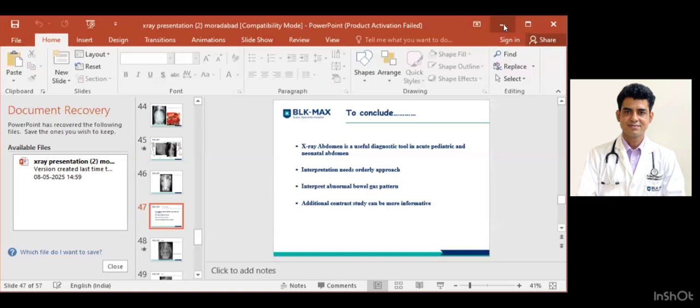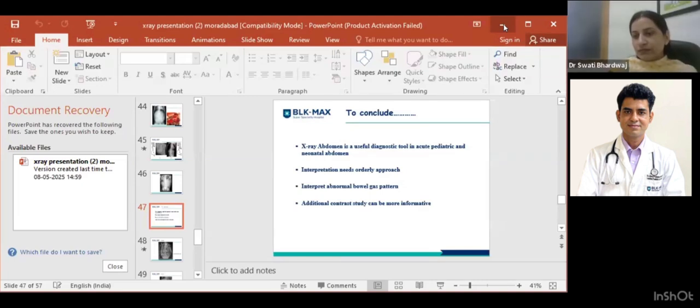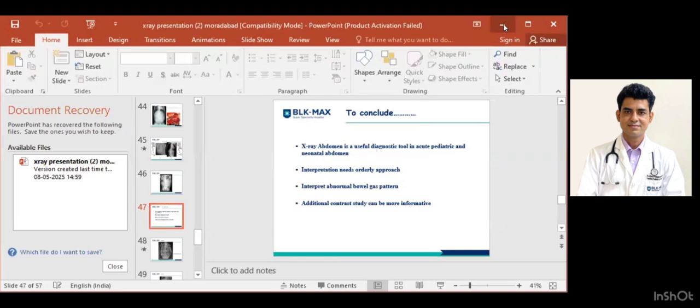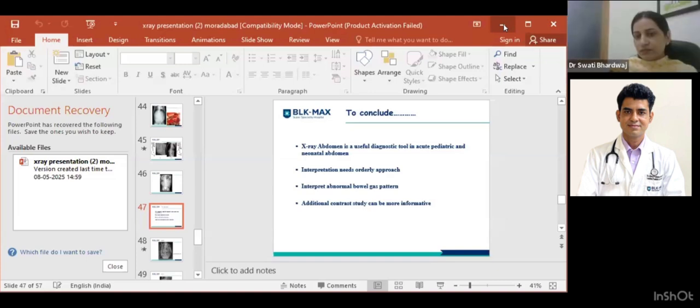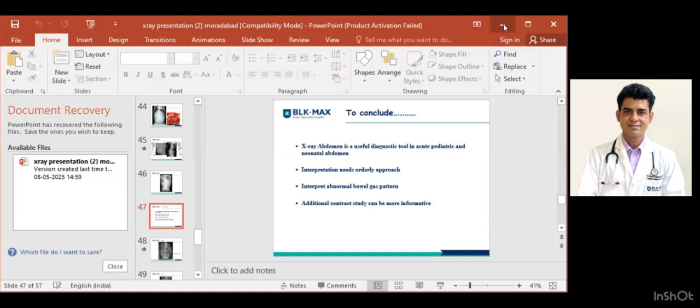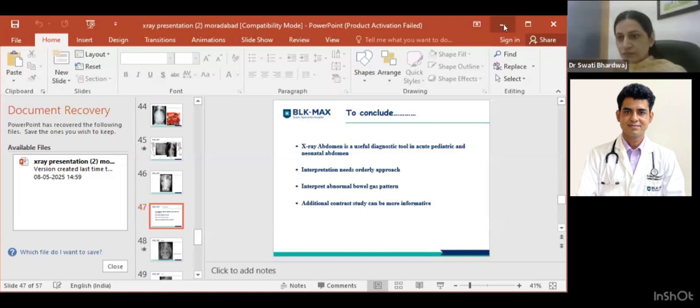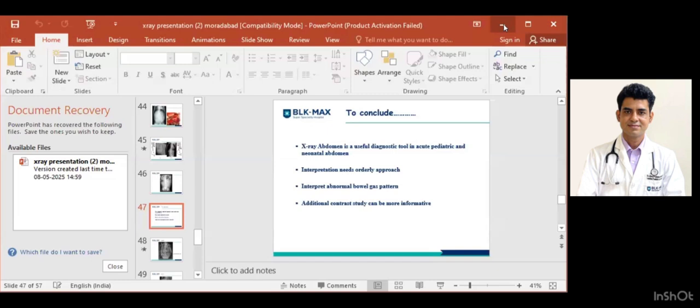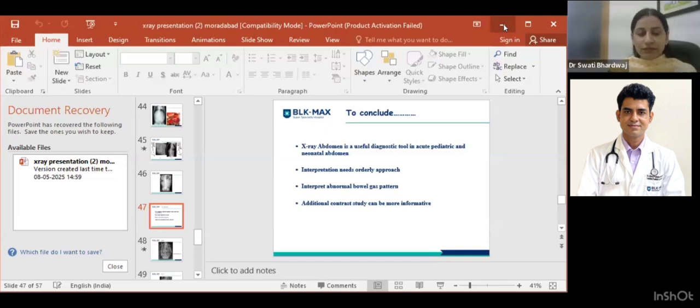Foreign bodies means anything: what are the lines that are going in, and is there air in an unusual space. Sir has already covered most of the conditions. In day-to-day practice, it is important to delineate the etiology and whether it is a normal or abnormal pattern. So I would just add that we should start looking at X-rays in a more sequential and organized manner.